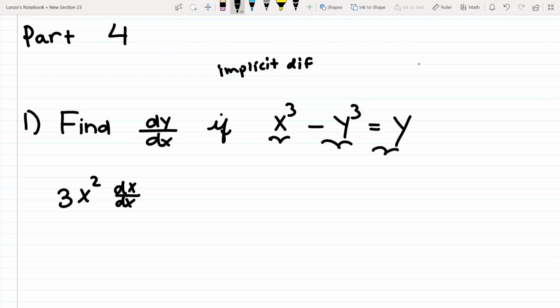So you don't have to put dx over dx if you don't like. Okay, so the derivative of y cubed is negative 3y squared with respect to x, so it would be dy over dx. And then the derivative of y is just 1 dy over dx.